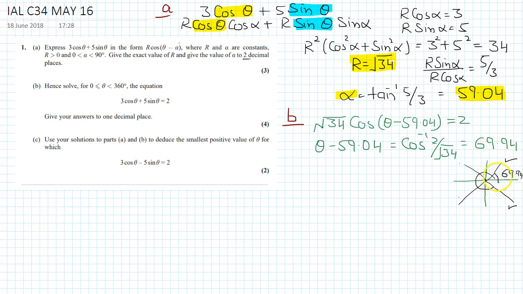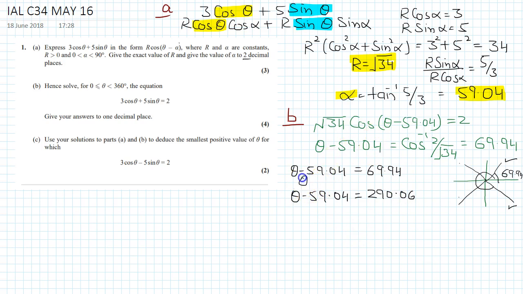So theta minus 59.04 is equal to 69.94, and theta minus 59.04 is equal to this complete angle, 360 minus 69.94, that is 290.06.